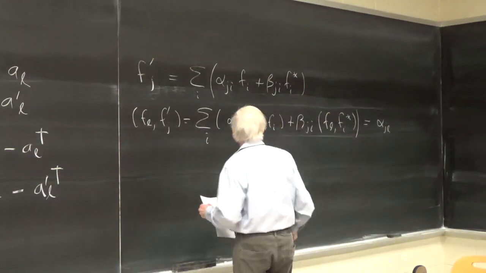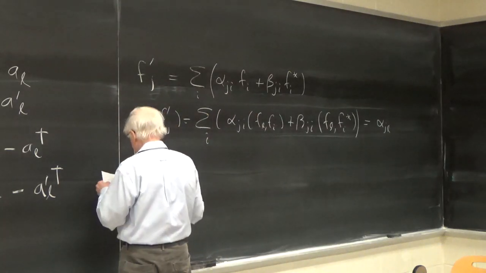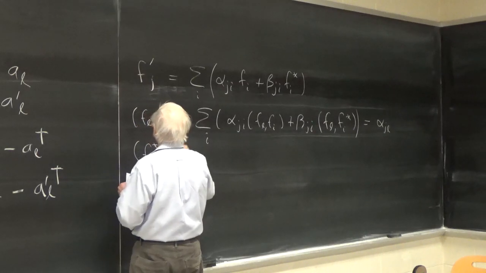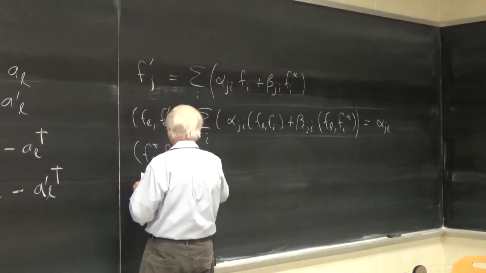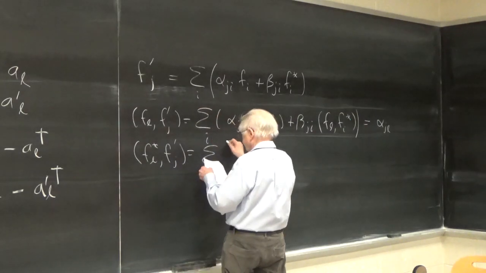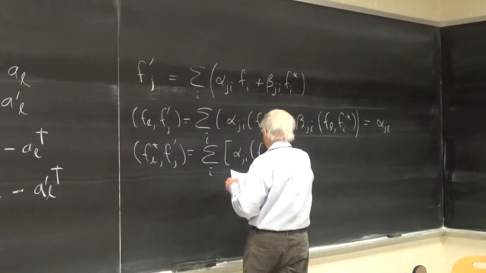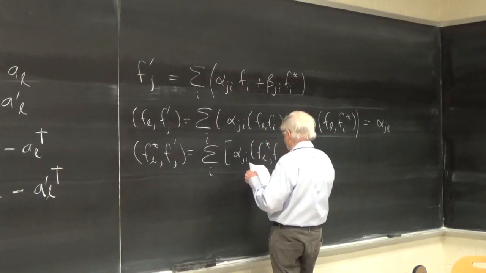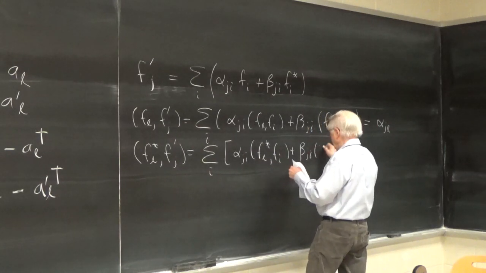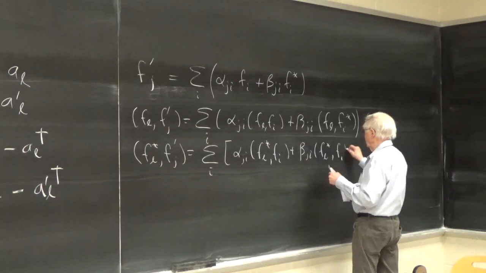Similarly, to get the betas, we'll take the inner product with FL star. And we get a sum on i, alpha_ji (FL star with Fi) plus beta_ji (FL star with Fi star).